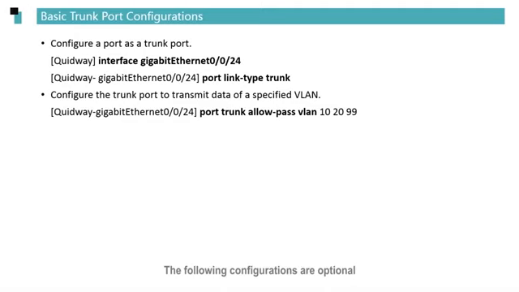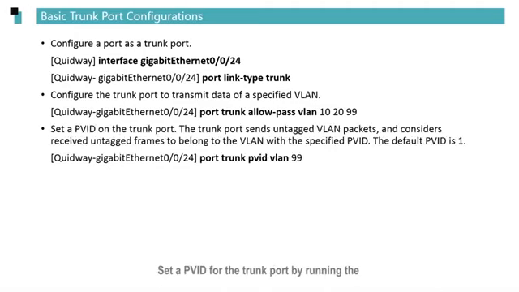The following configurations are optional. Set a PVID for the trunk port by running the port trunk pvid vlan 99 command in the interface view. On one hand, when traffic of VLAN 99 passes through the trunk port, the port sends untagged VLAN packets.